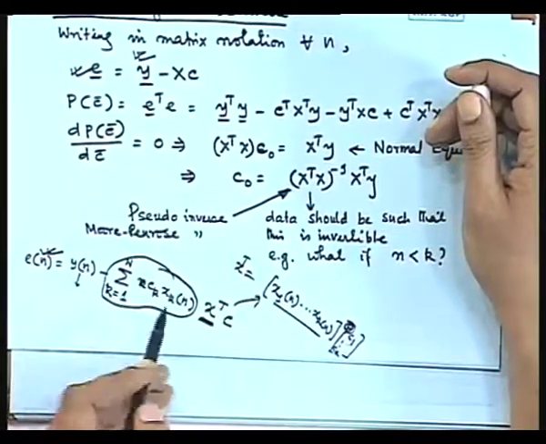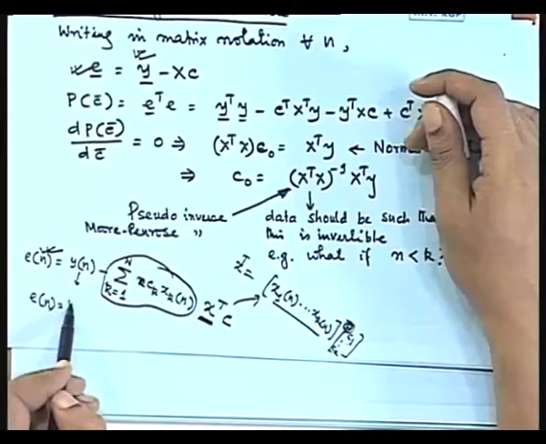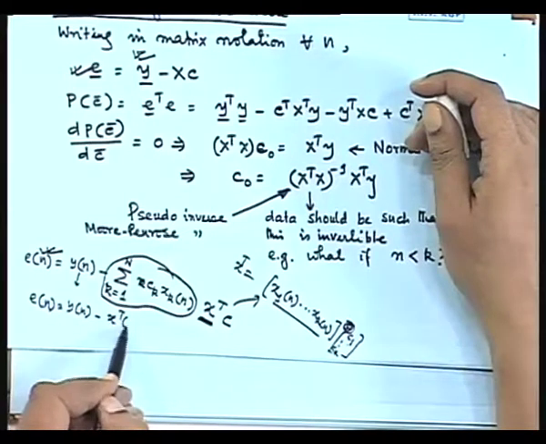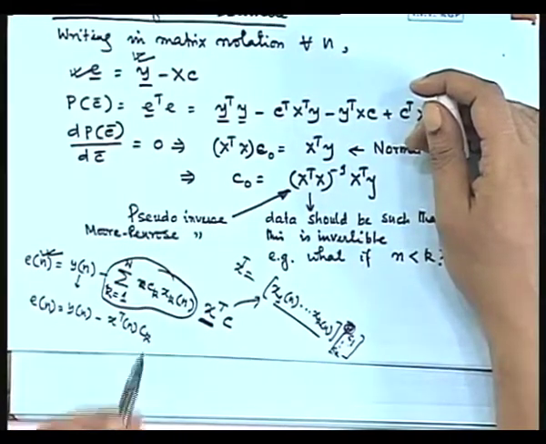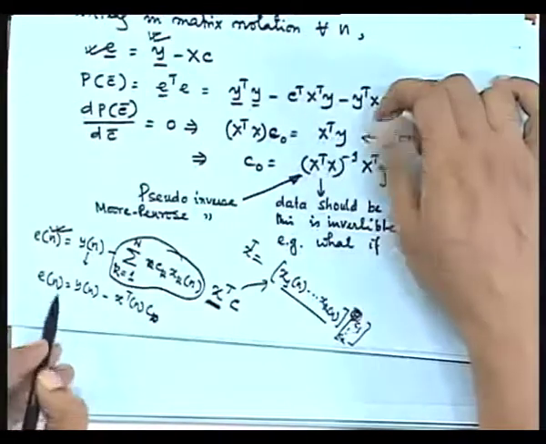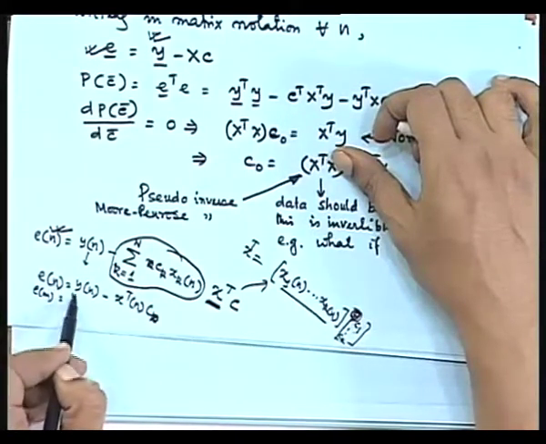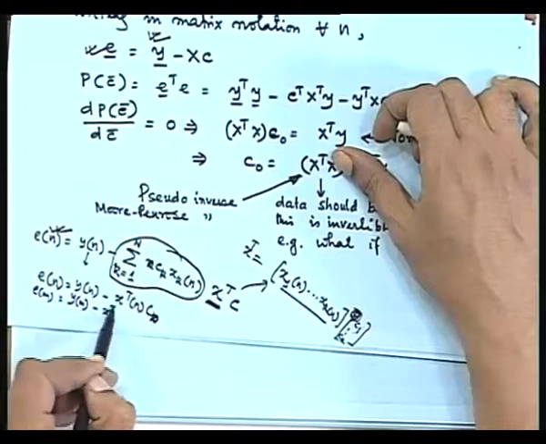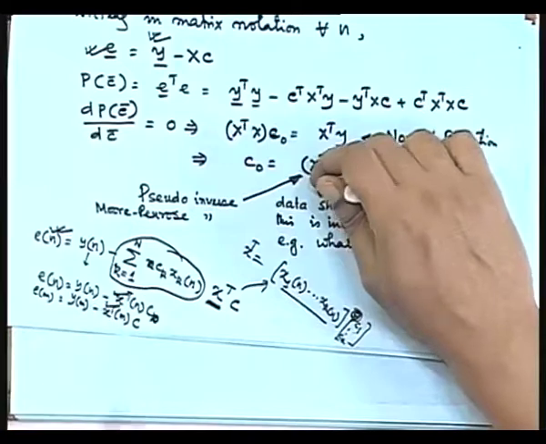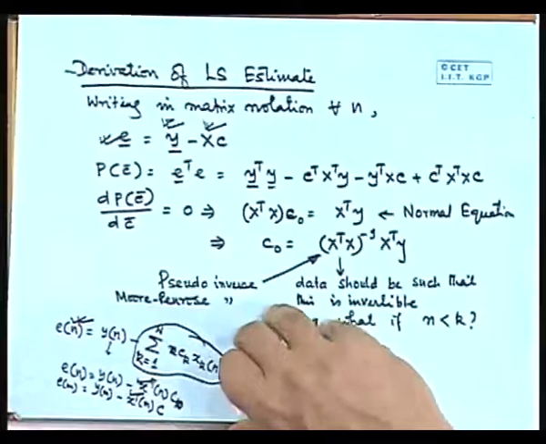Yeah, I'm just trying to organize now. So the first equation becomes En is equal to Yn minus x transpose n C, rather C, not Ck. The next equation will become Em is equal to Ym minus x transpose m C. So I can stack all these x transposes, then I will get the matrix X. Correct?